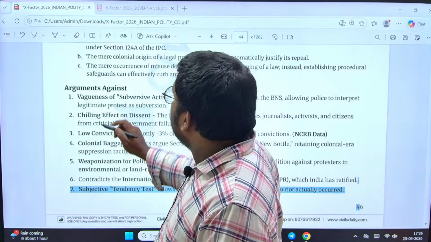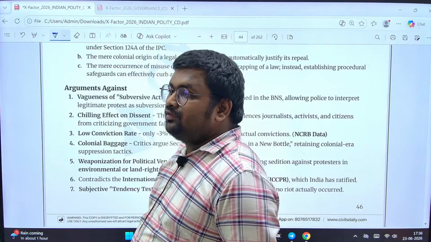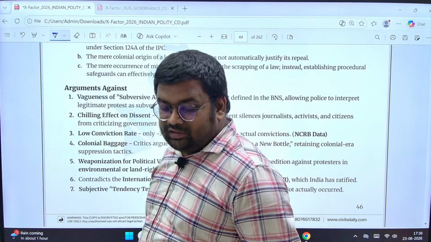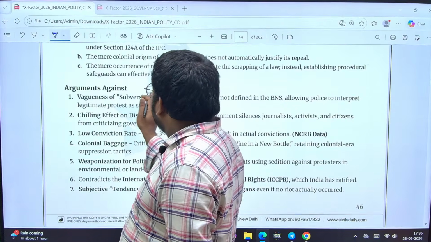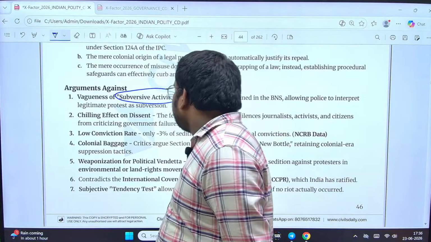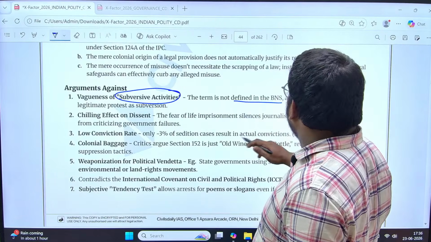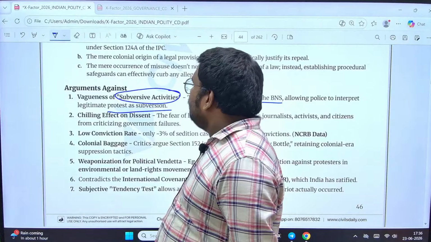If you see, so arguments against or the criticism of sedition law. ठीक है. Sedition पे भी आपका आ सकता है question, because again it is in news. So specifically for that, you can note vagueness of subversive activities. Okay, so the term is not defined in BNS, allowing police to interpret legitimate protest as subversion.